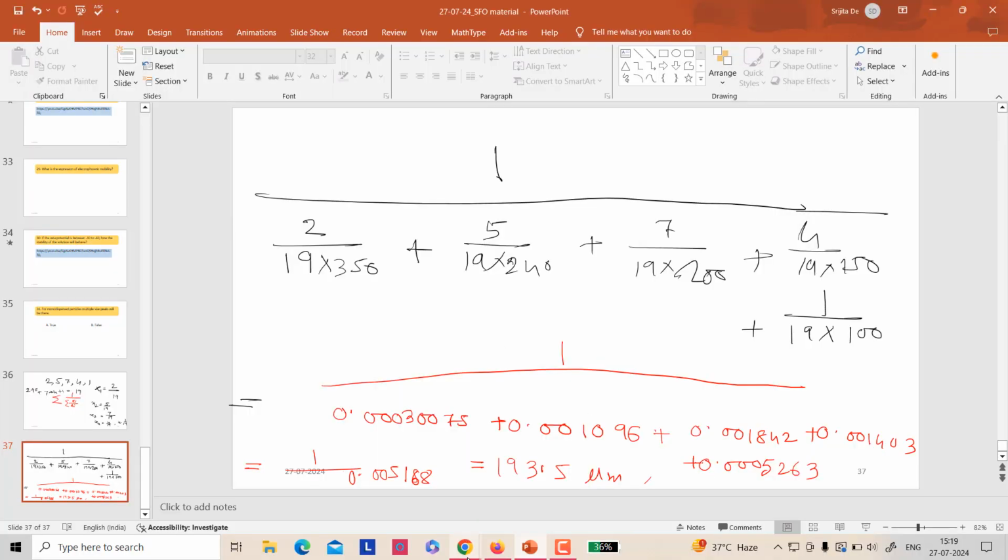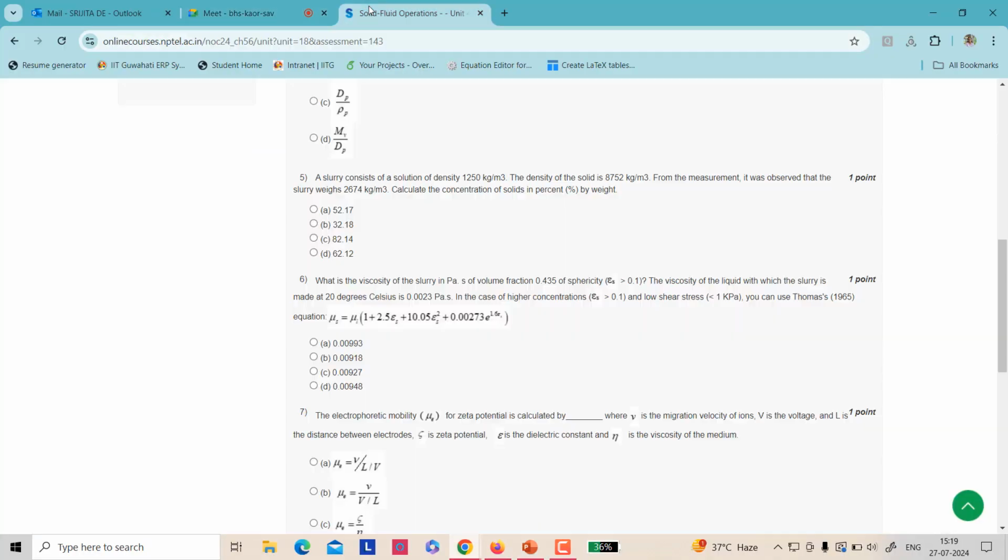So what is the problem here? The equation is given already, na? So you have to just put the values there, nothing else. And this, ma'am, e to the power 1 epsilon. Yes, e to the power 1.6 epsilon s. The equation is given in the slide, na?